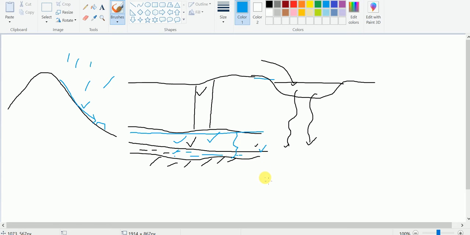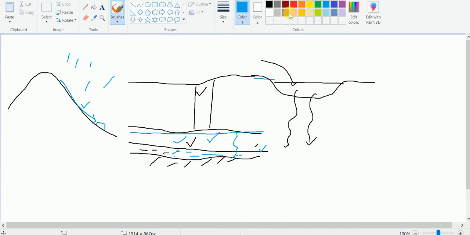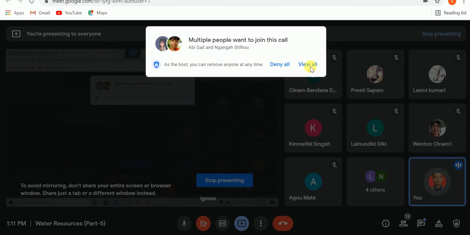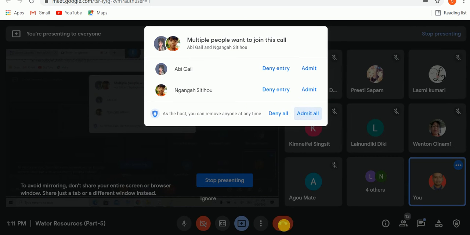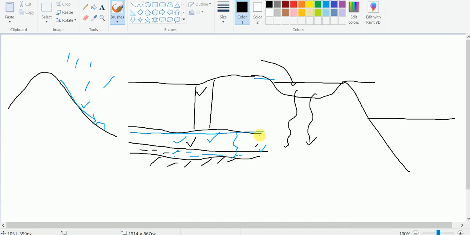Another point is that rainwater harvesting also checks saltwater intrusion, as given here. Seawater intrusion in the coastal areas: just see, for example here, this is the sea, this is the sea level, let us say. And you must know that this aquifer also reaches the sea like this.